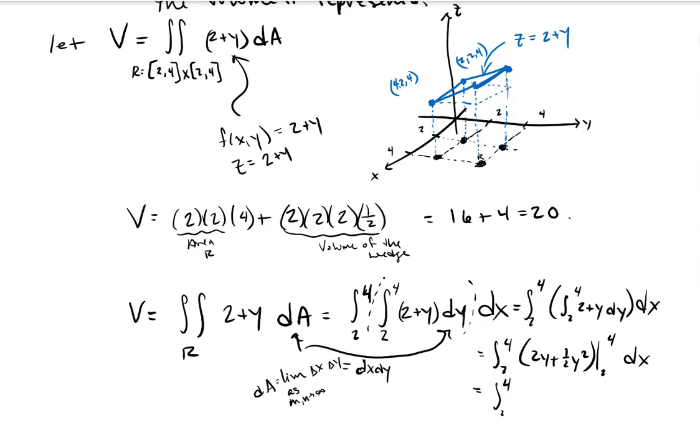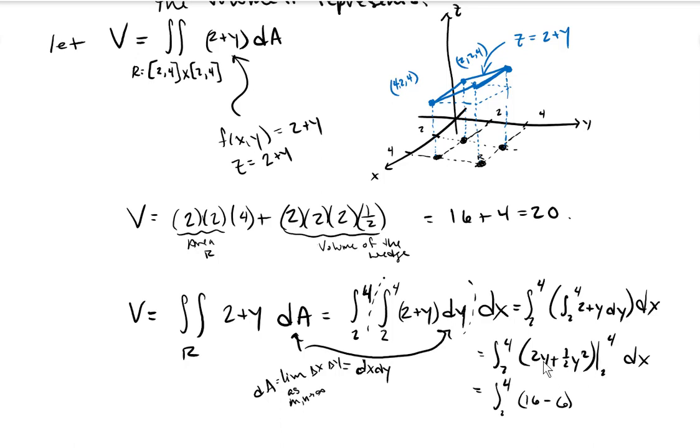If we plug this in, let's see what we get. 8 plus 8 is 16 at the top bound. When I plug in 2, I get 4 plus 2 is 6 at the bottom bound. Let's see if I did all that right. 8 plus 8 is 16.